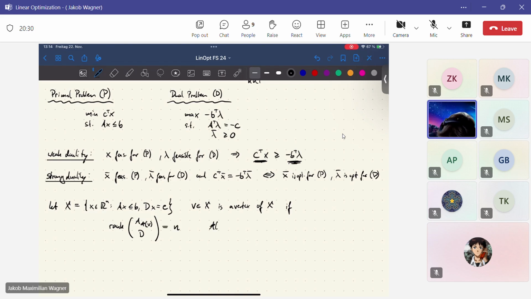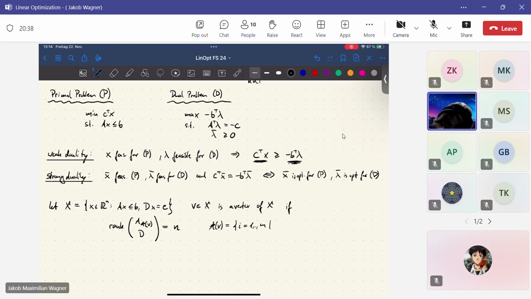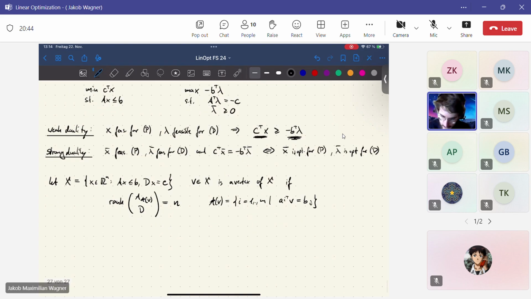And again, A_V is the set of all i in 1 through m, where a_i transpose V is equal to b_i. Yeah, so this is the somewhat intuitive characterization.